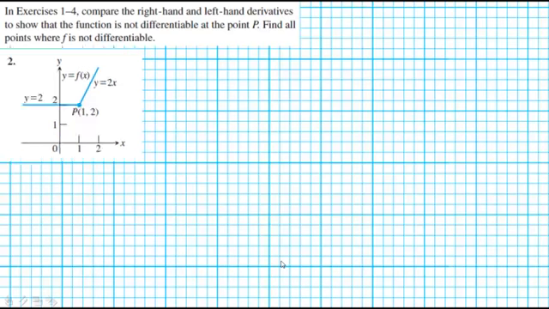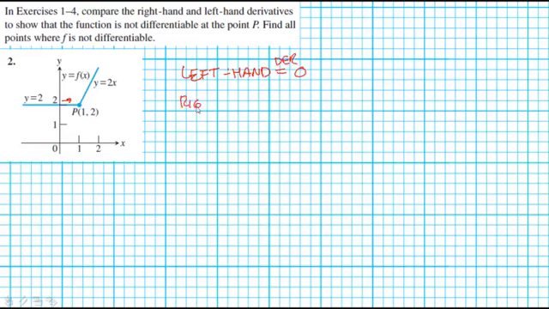Okay. Problem number two, the left hand derivative is equal to 0. As we approach p going this way, all the slopes along here are 0. Left hand derivative is equal to 0.